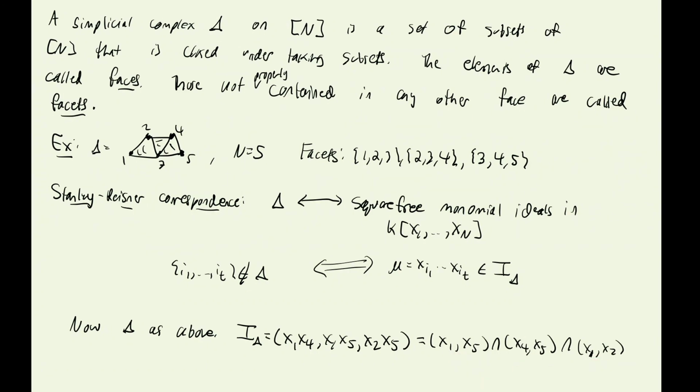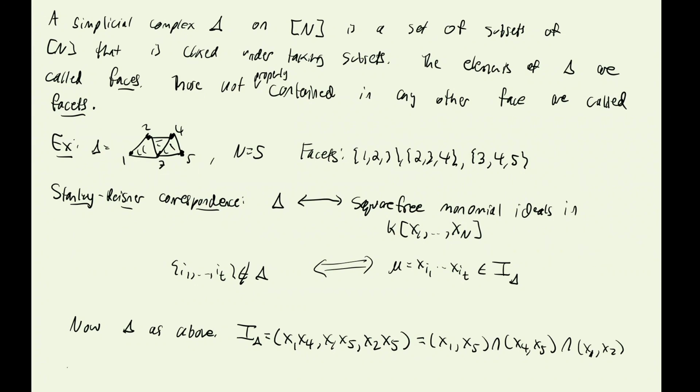The reason that these primes all have the same height, meaning all have 2 generators, is that all of the facets were the same size. Because all the facets were the same size, they left out the same number of elements.